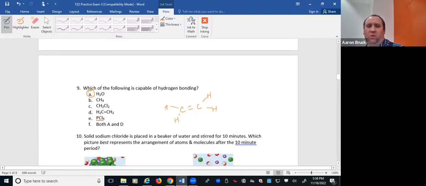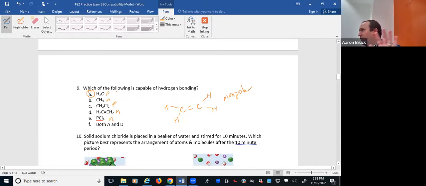This is the only one that actually exhibits hydrogen bonding. First of all, this one's non-polar. We can see the symmetry of it. And so if you look at all the other ones, this one's non-polar, this one's polar, this one's non-polar, this one's non-polar. There are only 2 polar molecules.